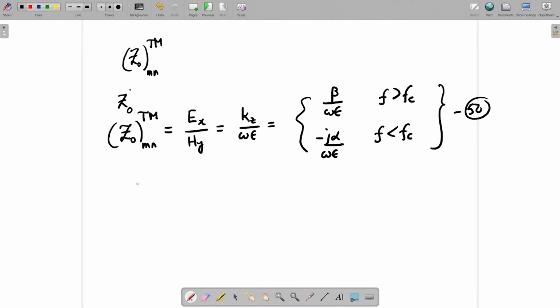Now, we could compute the characteristic impedance in a different way. We could find out the characteristic impedance by considering the ratio of E y and H x, because E y and H x are also the transverse field components. So, let us see what happens if we consider the characteristic impedance as a ratio between E y and H x.